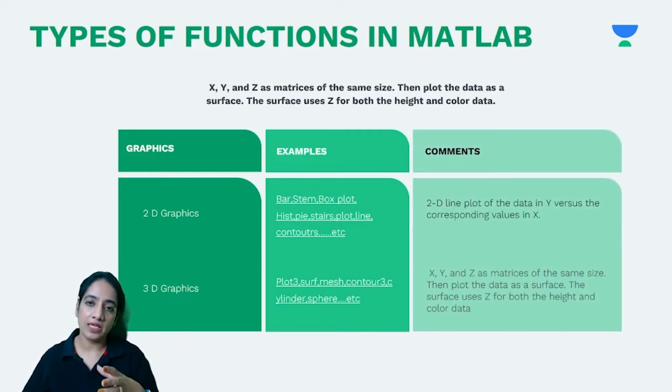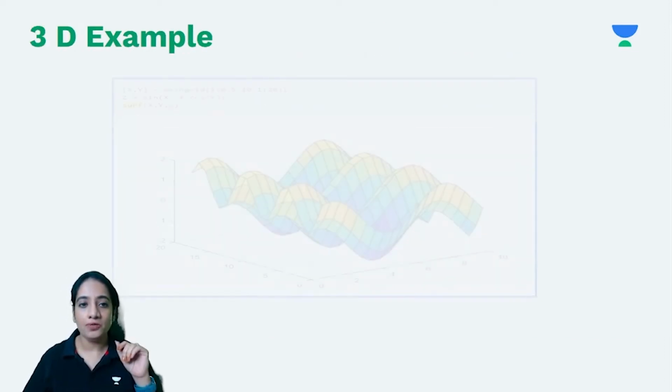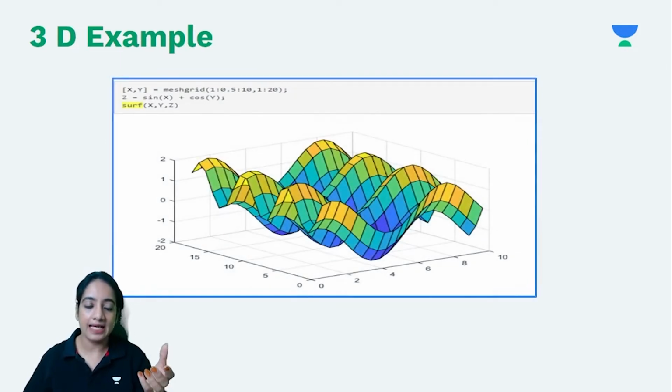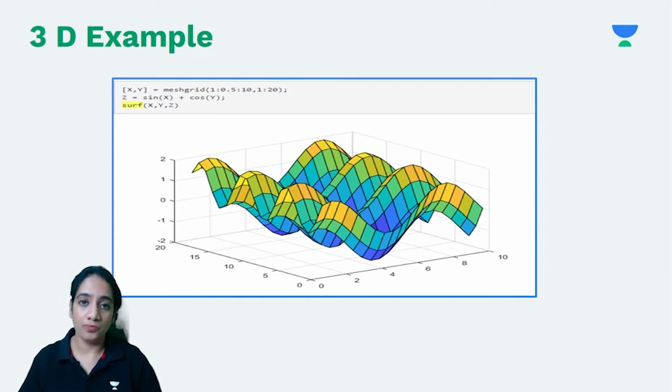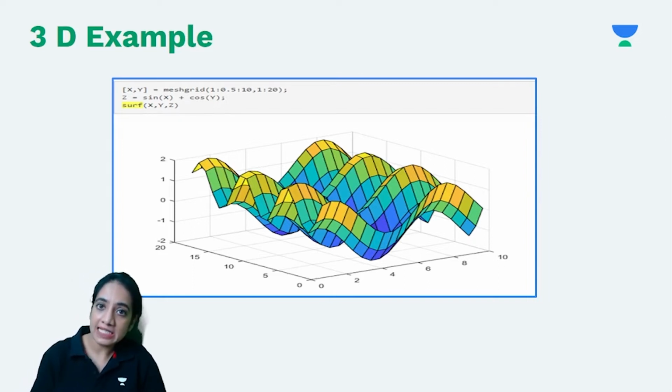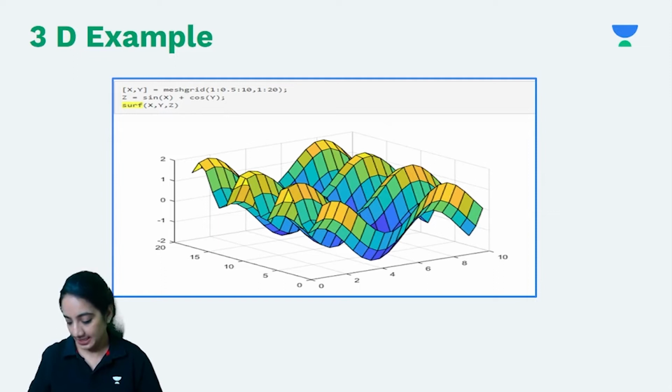In 2D graphics, X and Y axes are included, and X, Y, and Z axes are included in 3D graphics. 3D graphics can look like this, and we are using the surf predefined function in this example. To use surf, you have to make a mesh grid between the X and Y axes. We will learn how to create mesh grids, then how to create 3D graphs in MATLAB.